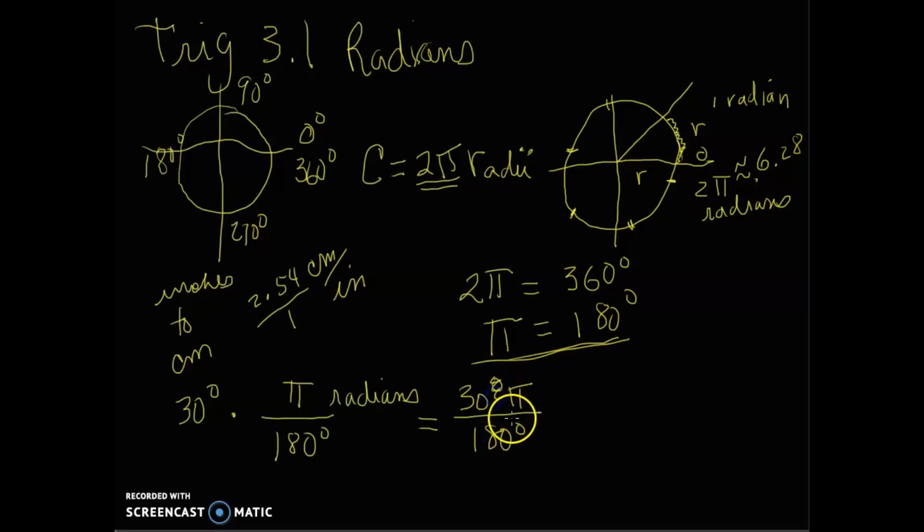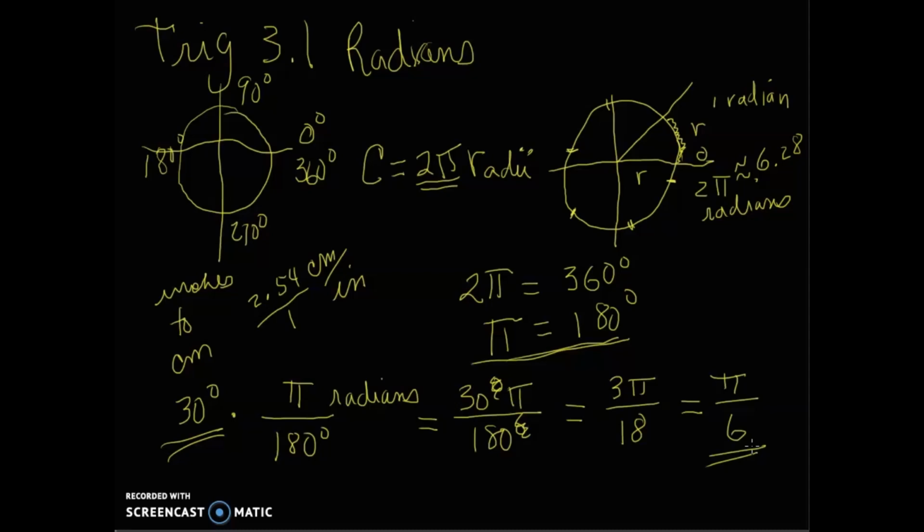But the degrees cancel, so it's really just that number. Well, if you divide these by 10, you get 3 pi over 18. And finally, divide both numerator and denominator by 3, you get pi over 6. So 30 degrees is the same as pi over 6 radians.